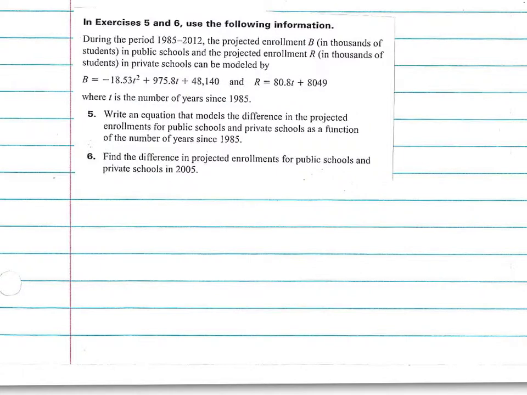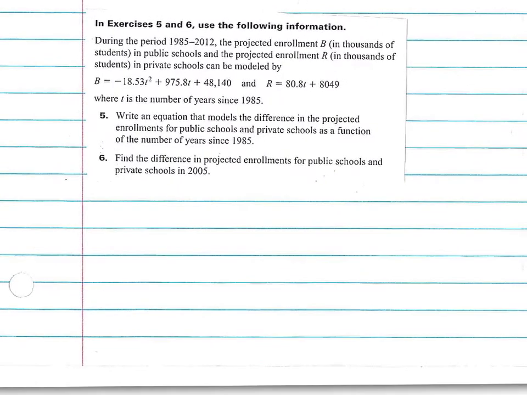Questions 5 and 6 of your test will have a word problem type of situation, and they're going to give you some information. These should match up pretty closely with the test. During the period 1985 to 2012, the projected enrollment B in thousands of students in public schools and the projected number R in thousands of students in private schools can be modeled by these two equations.